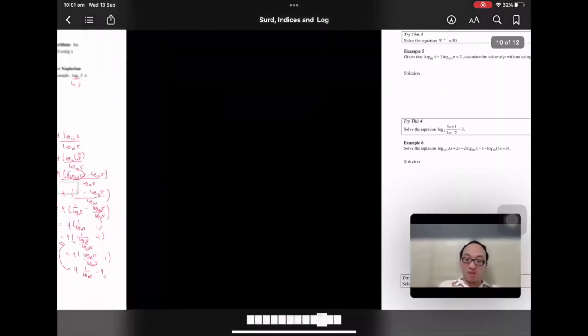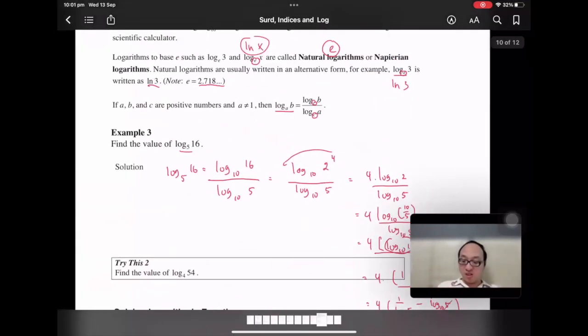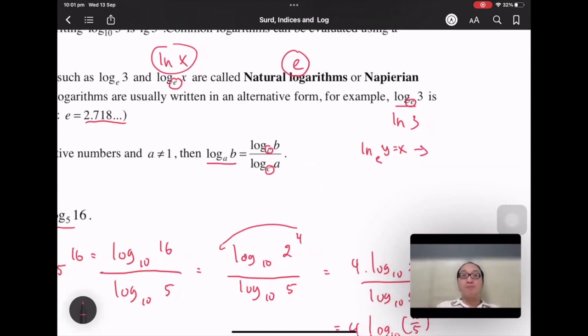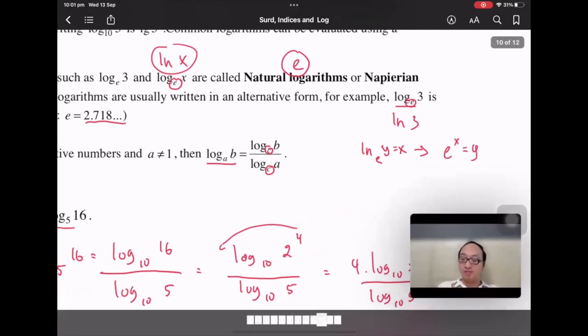So that means, okay, I just continue. That means if I have ln y equals x, so the base is e, and then I can do the inverse. The inverse will be e to the power of x equals y. Yeah, using the definition.